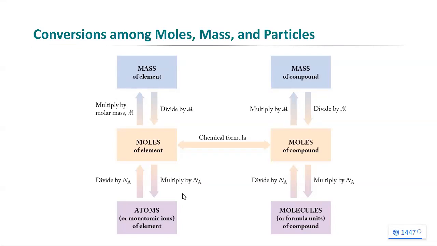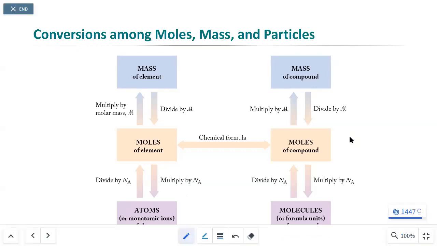If I'm dealing with a compound, I can also use the chemical formula of that compound as a relationship between it and its component elements. So take, for example, that sulfur trioxide that we were looking at, SO3. Based on its chemical formula, I know that for every SO3, I get one S and 3 O's.